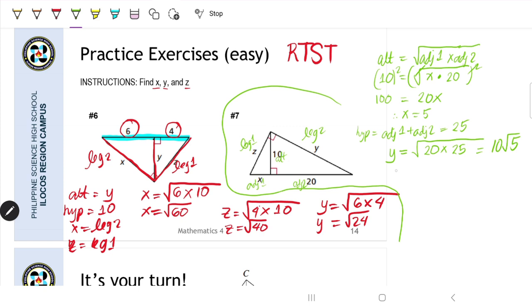And solving for z, that is leg 1. Leg 1 is square root of adjacent 1, which is 5, times hypotenuse, which is 25. So the square root of 5 times 25 is equal to 5 square root of 5. So those are our three values.